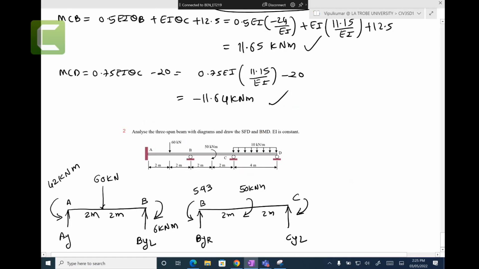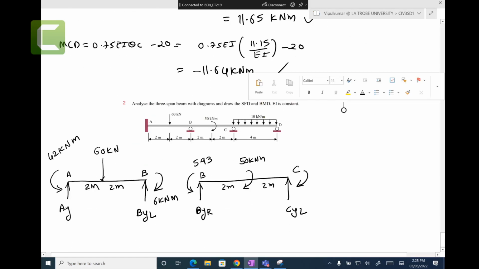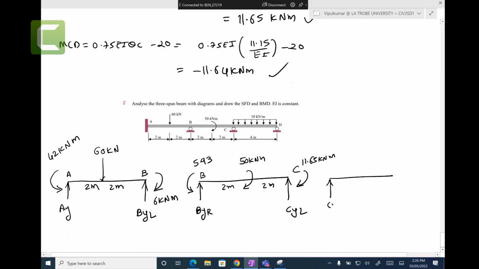In MCB, 11.65. And the last one, MCY, R dy, 10 kilonewton per meter, 4 meters. And this last one is 11.64 kilonewton meters. Right? Yes, please.